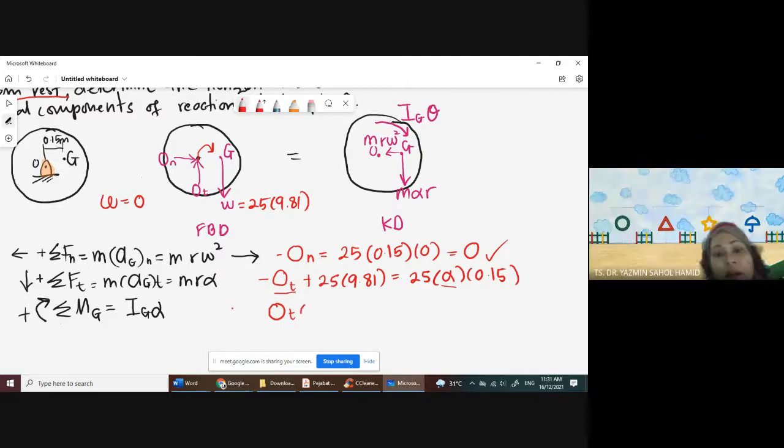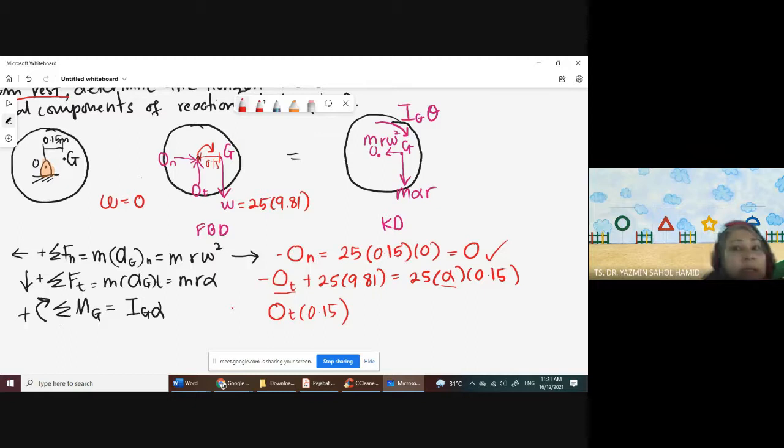Plus. Multiply by the distance. The distance mesti perpendicular. What is this distance? 0.15.